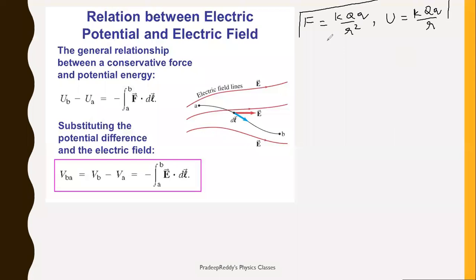Electric potential energy and electric force both are related to each other. How are they related? We know that work done, which is equal to change in potential energy, is F dot S.